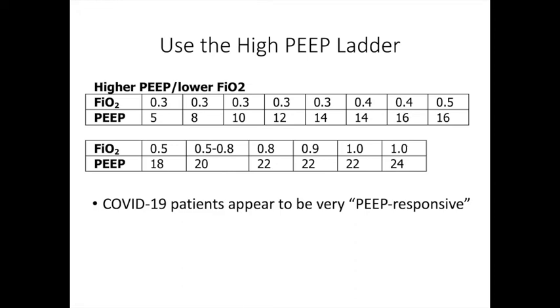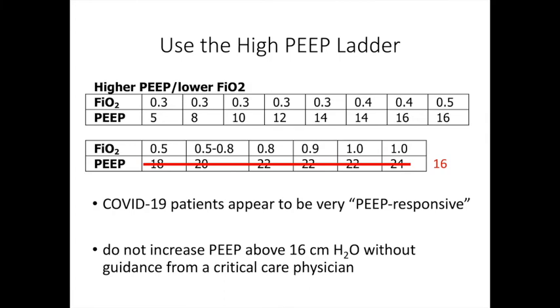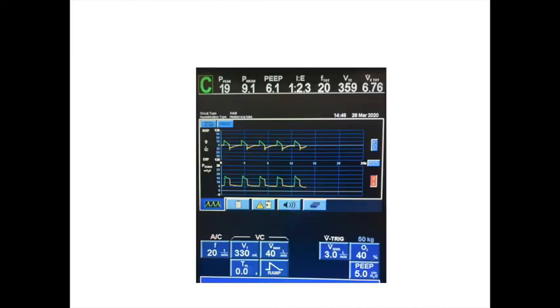COVID-19 patients appear to be very PEEP responsive, which means that PEEP seems to help prevent alveoli from collapsing. However, I would not increase the PEEP above 16 centimeters of water without the guidance from a critical care physician. Here is the display of the ventilator. This is where we set the PEEP, and here is where we set the FiO2.